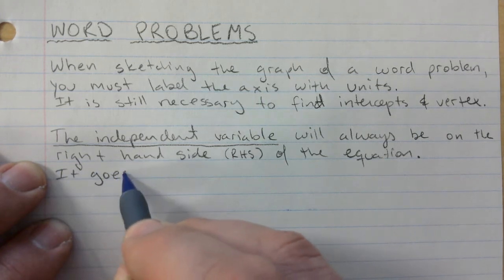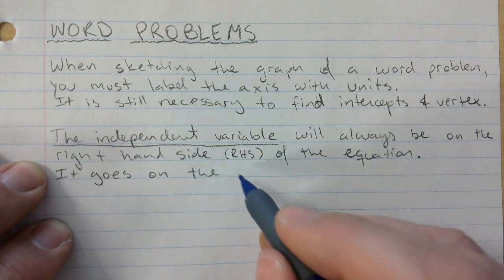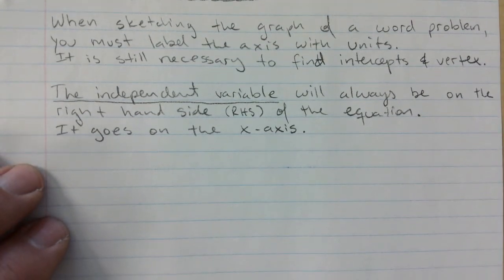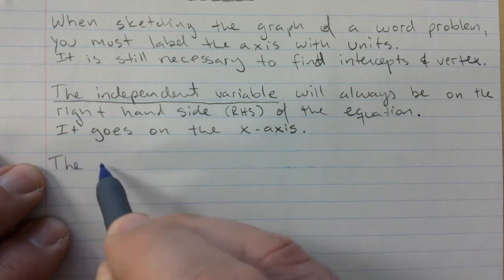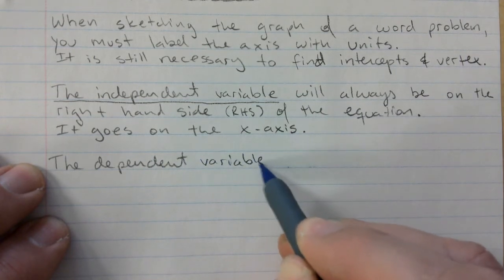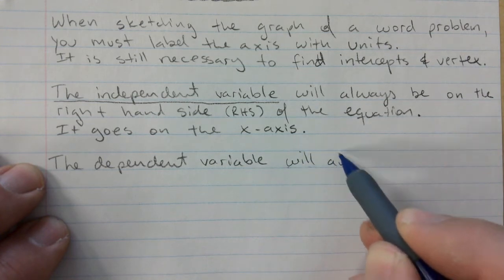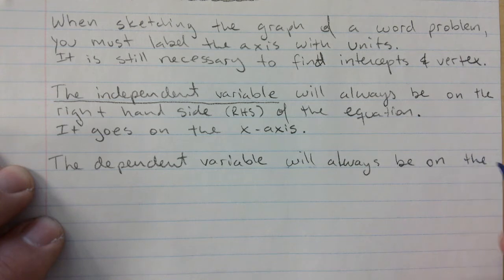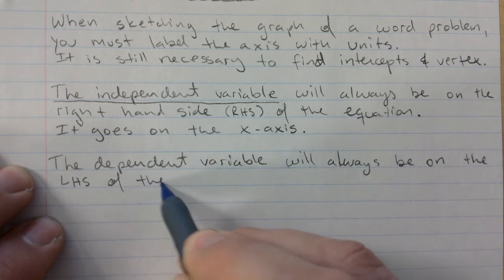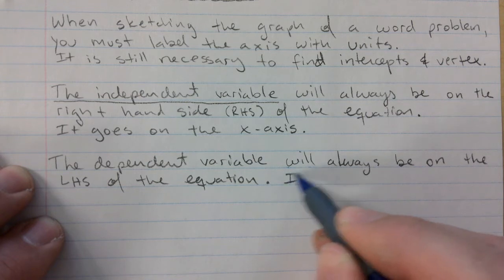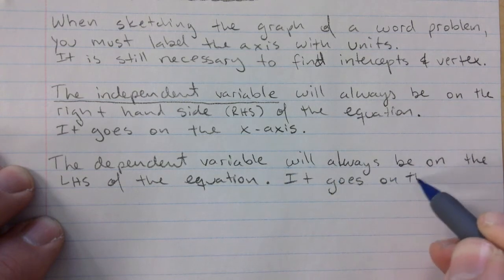It goes on the x-axis. The dependent variable will always be on the left-hand side of the equation. It goes on the y-axis.